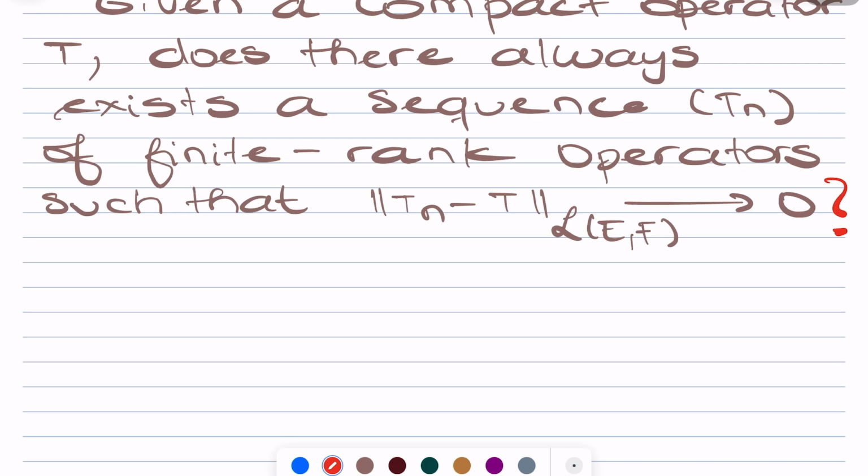Well, Grothendieck introduced and studied this problem in 1955. As I said earlier, it was part of his groundbreaking work on Banach spaces and operator theory. The question was open for a long time until a Swedish mathematician, Per Enflo, discovered a counterexample in 1972.